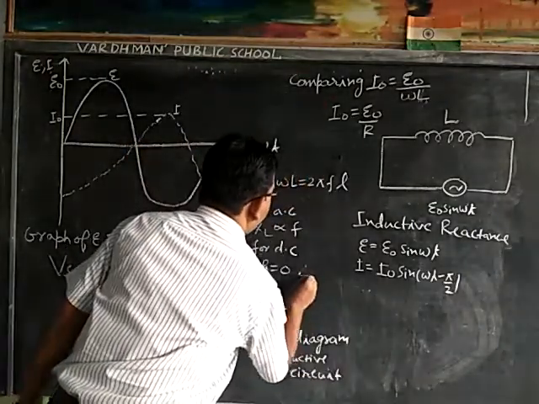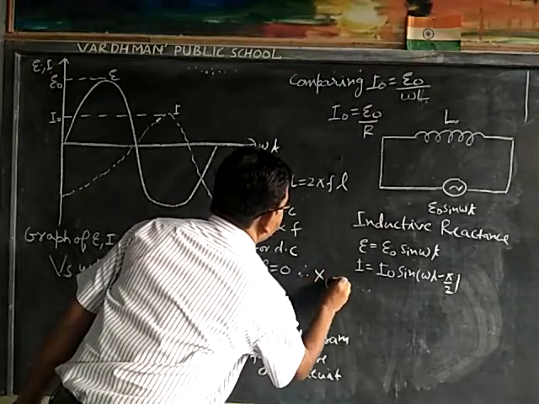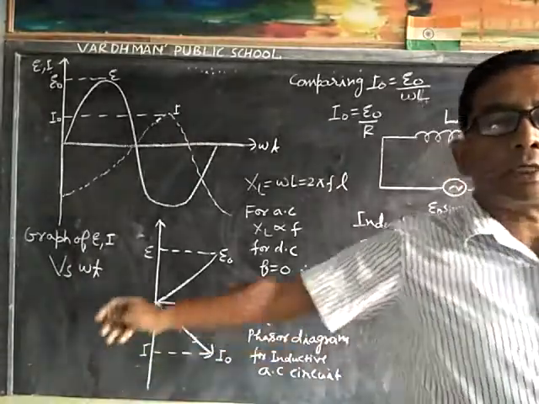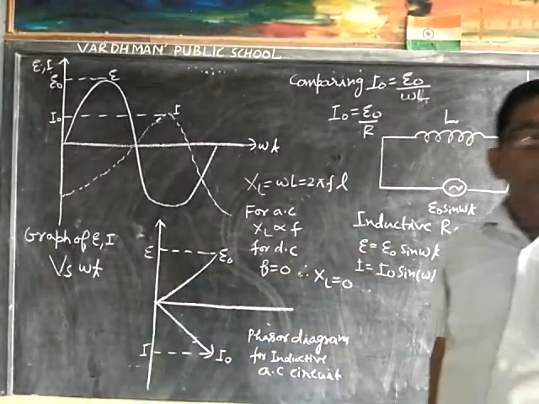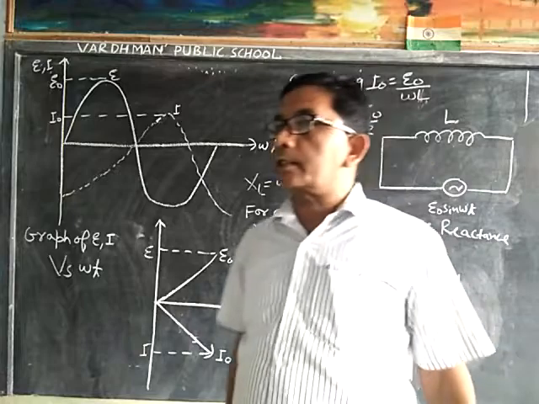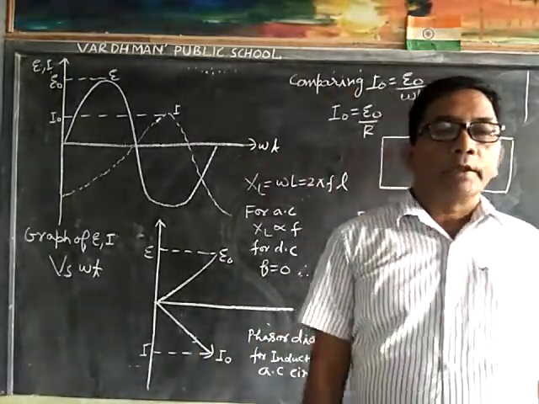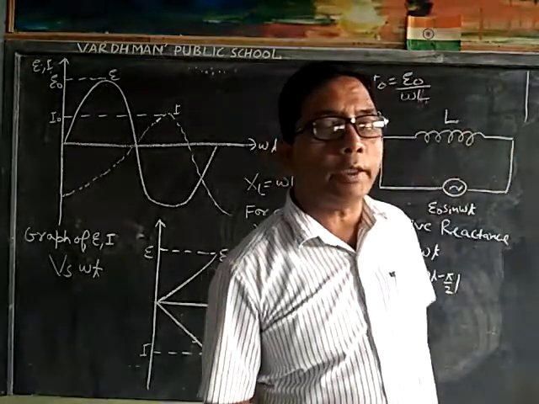Therefore XL is equal to 0. Thus, an inductor allows DC to flow through it easily, but it opposes the flow of AC through it.